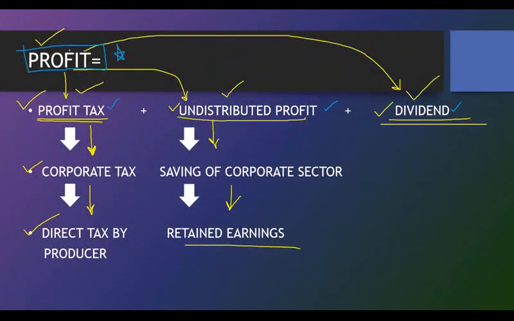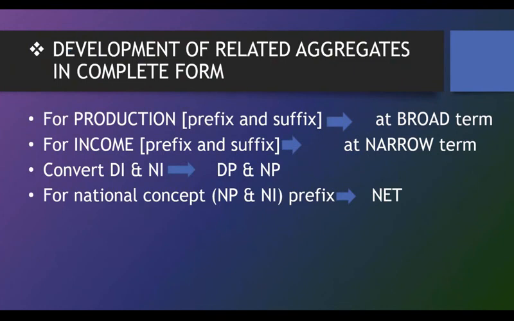Now we'll see the next concept. Whenever the related aggregates are not given in complete form, and only one family member is given, like NP, DP, or national income, NI, in the question, how do we know which related aggregate it is?